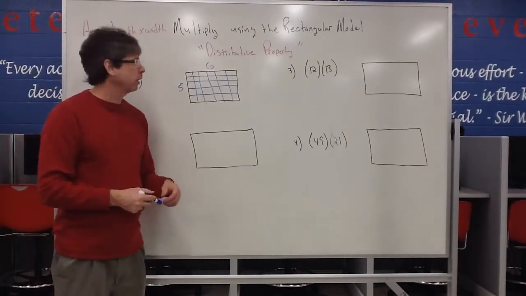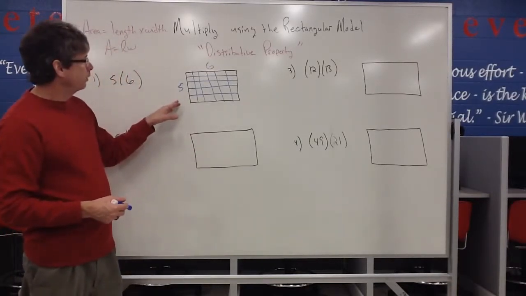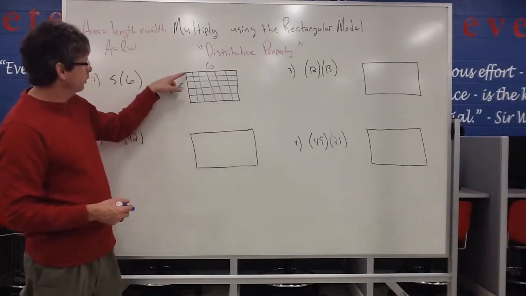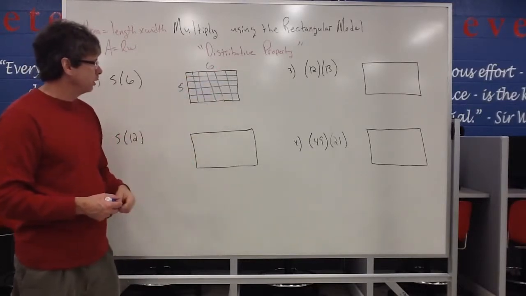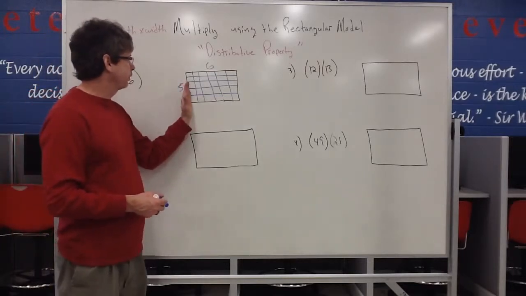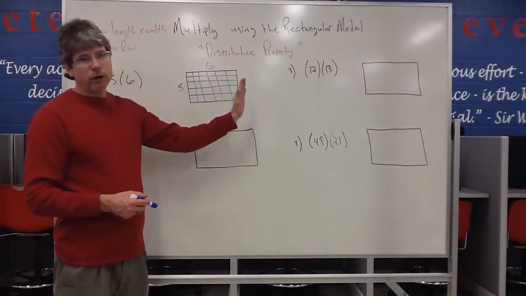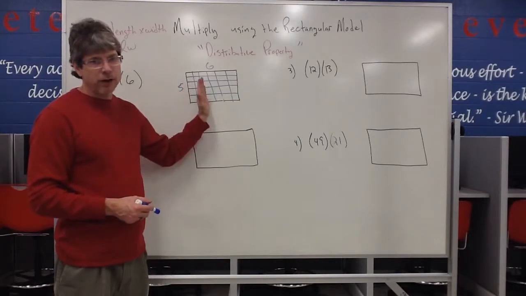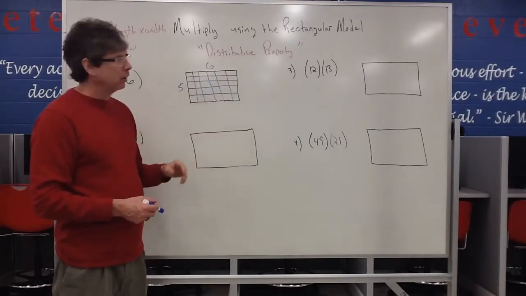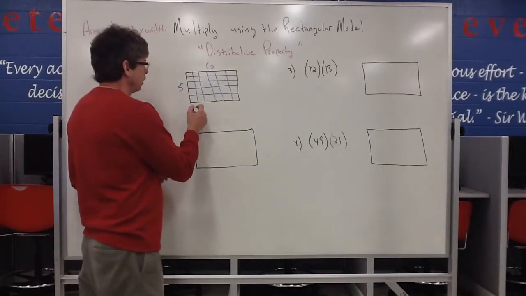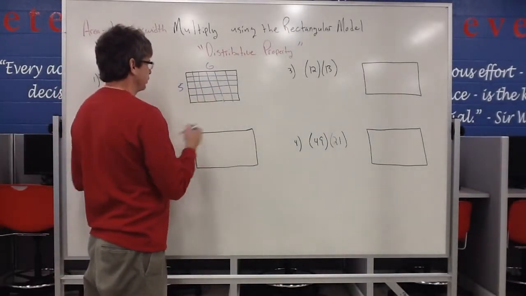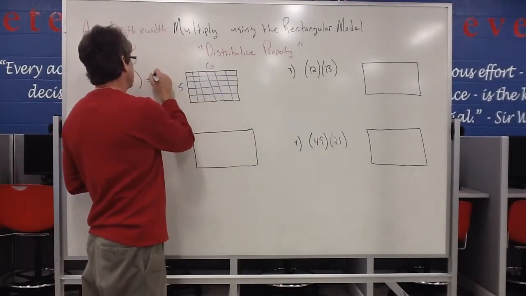Gotta forgive my artwork there, but what we're asked to find out is how many squares are inside there. So if you look, there's 5, 10, 15, 20, 25, 30. So there's 6 rows of 5. We also learned that instead of saying 5 plus 5 plus 5 plus 5 plus 5, we could simply say 5 times 6. So that's our shortcut for that problem. So 5 times 6 gives me my 30.